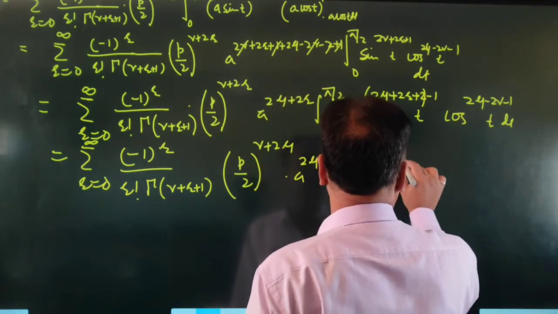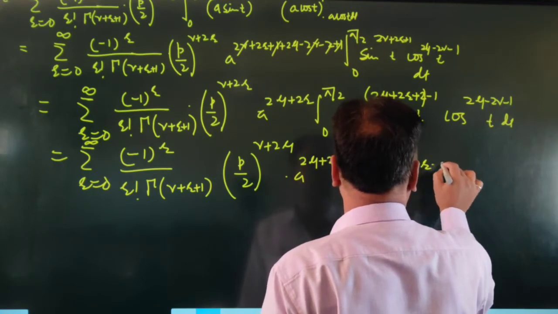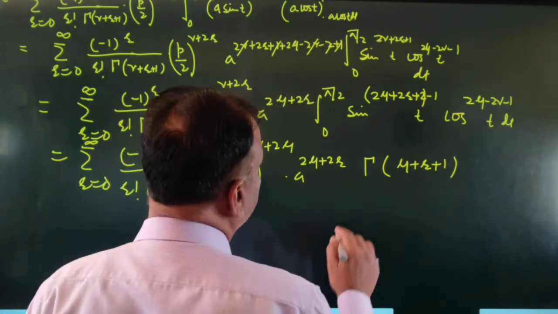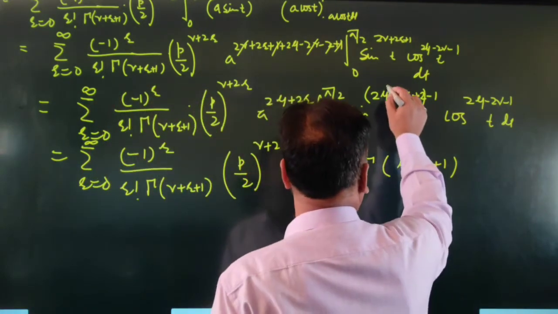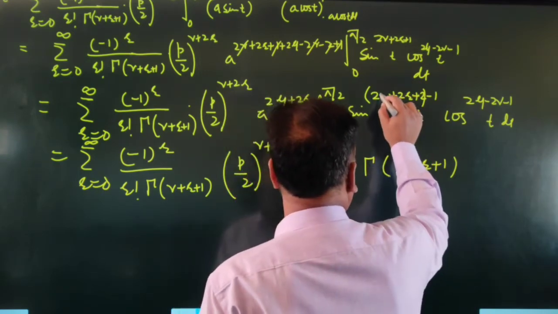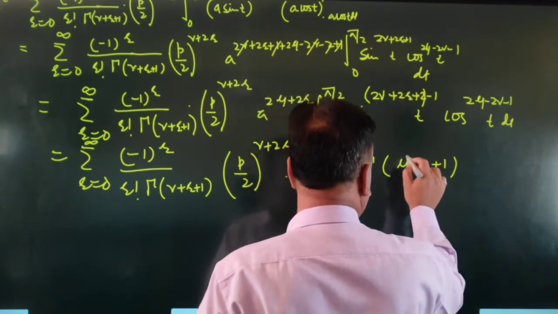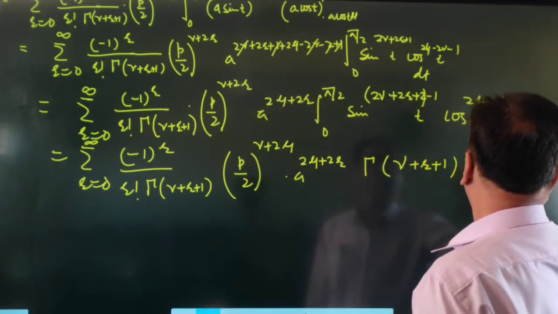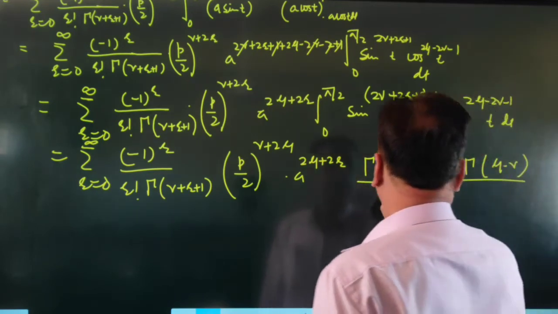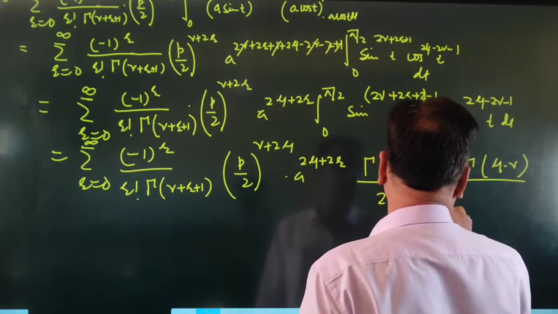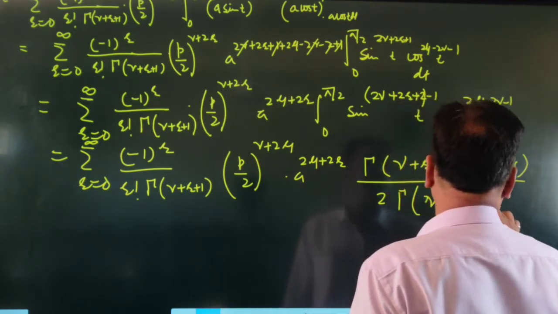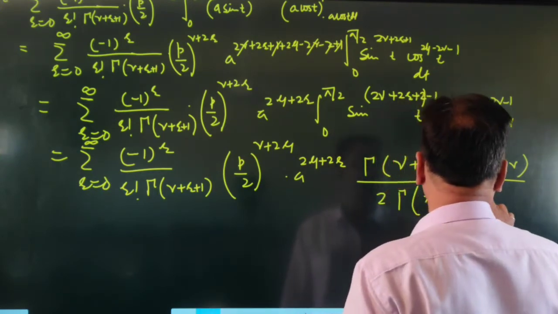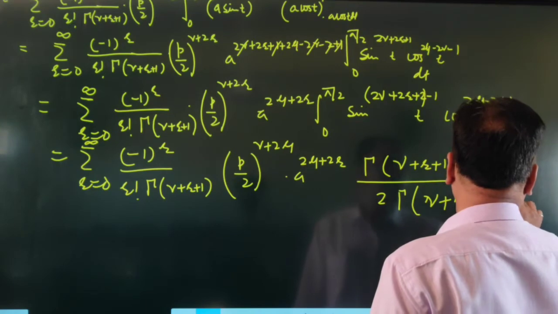So this is nothing but gamma of m, m here is nu plus r plus 1, sorry, not mu, this is nu, so nu plus r plus 1, gamma of mu minus nu upon 2 gamma of mu plus nu, that is nu plus r plus 1 plus mu minus nu.